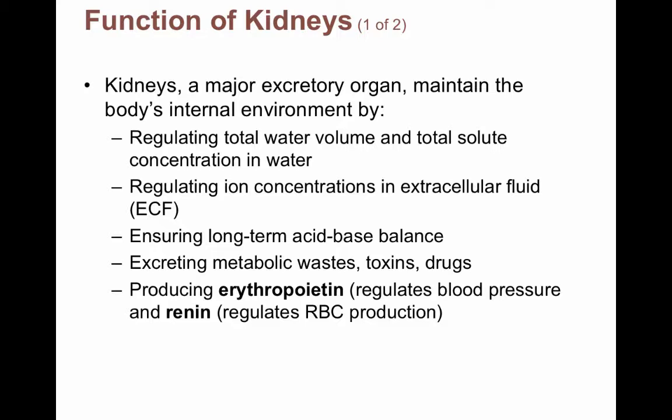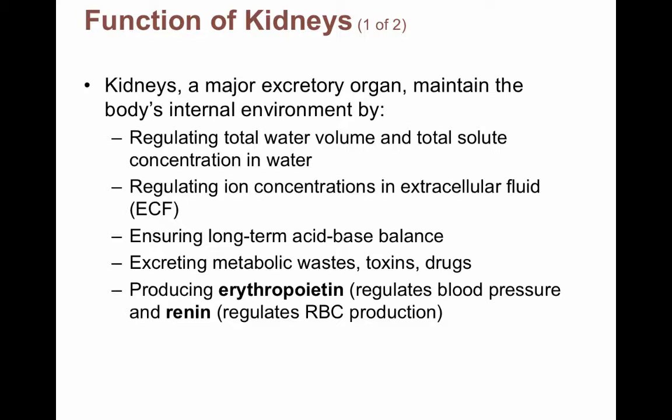Regulating ion concentrations in the extracellular fluid. So if you remember, the extracellular fluid are things like your plasma or interstitial fluid, or fluid that you find in body cavities or between membranes, like lymph fluid or the cerebrospinal fluid, all those things. It ensures long-term acid-base balance.